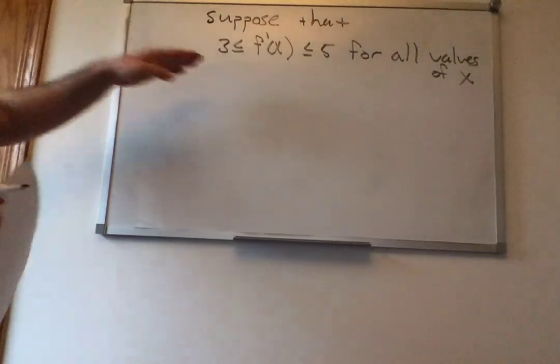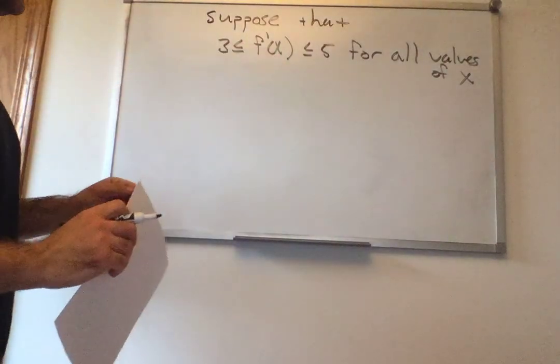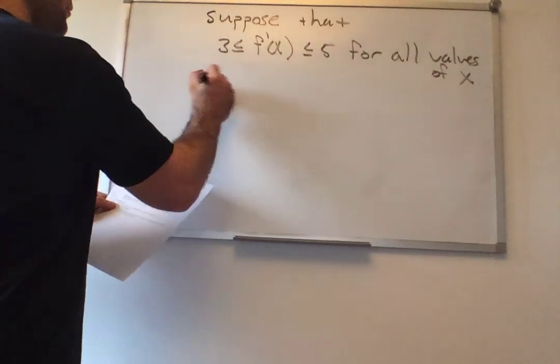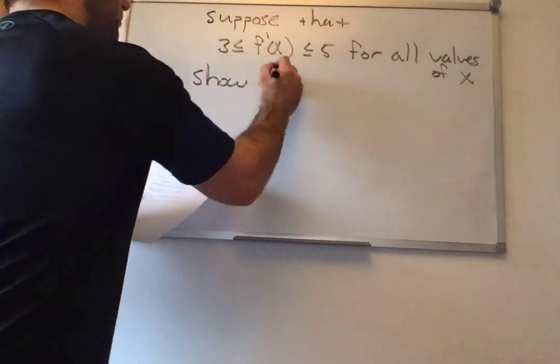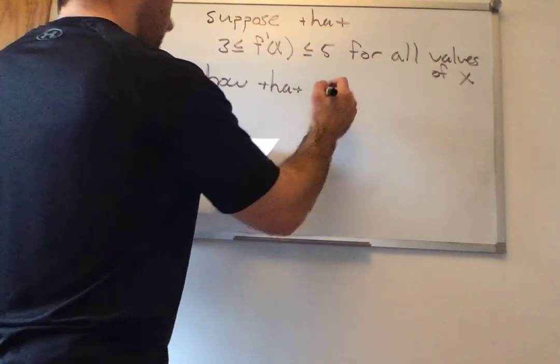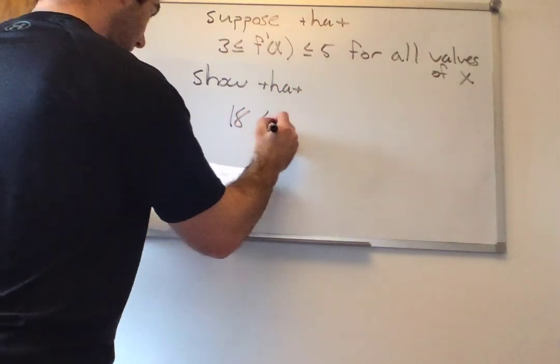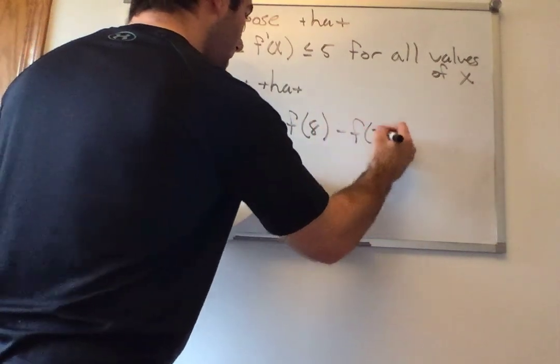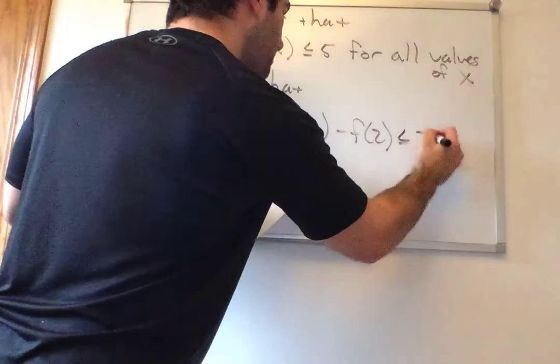So all this is saying is the slope of the function is always between 3 and 5. Show that 18 is less than or equal to f of 8 minus f of 2 is less than or equal to 30.